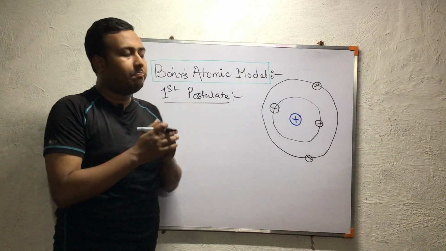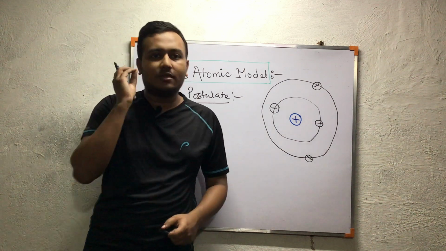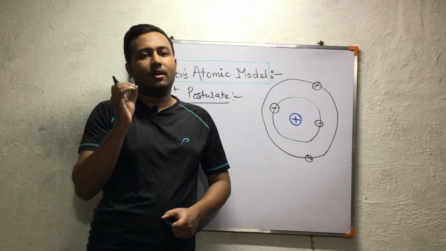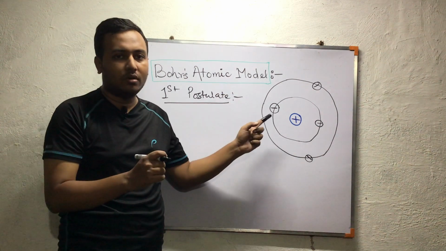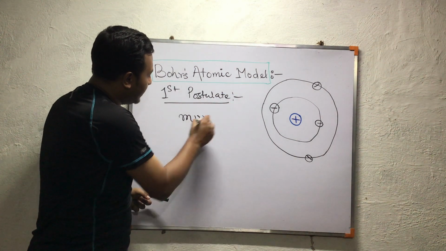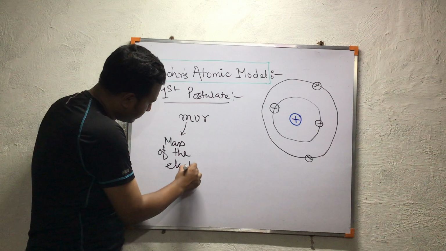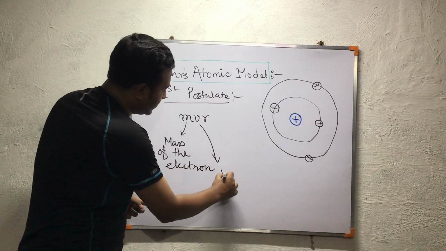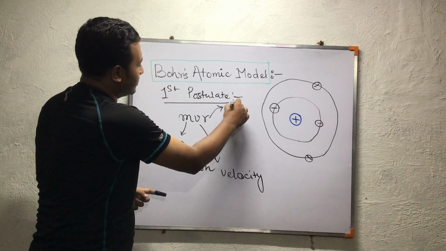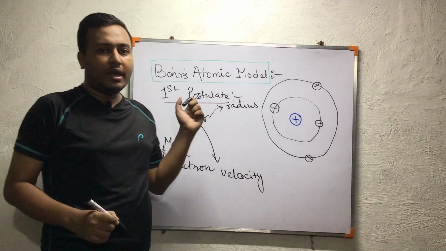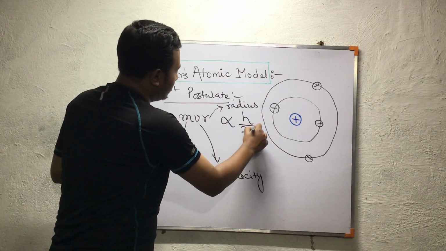These fixed paths have fixed radii, and the permissible values of these radii are such that the angular momentum of the electron, that is mvr, where m is the mass of the electron, v is the velocity of the electron, and r is the radius, is directly proportional to h by 2 pi.